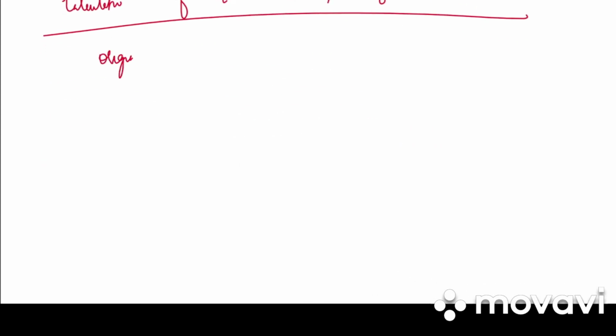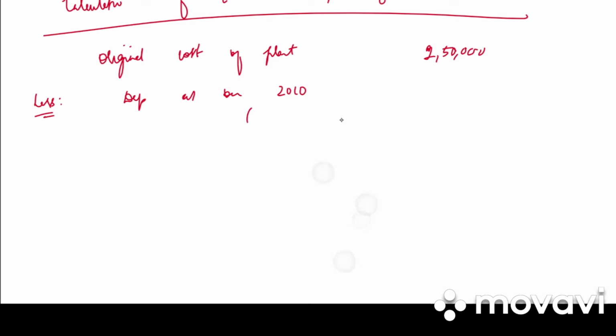So original cost of plant, how much is it? 1,50,000 less depreciation as on 2010. It is for how many months? We purchased on June. So June, July, August, September, October, November, December, Jan, Feb, March. 10 months.